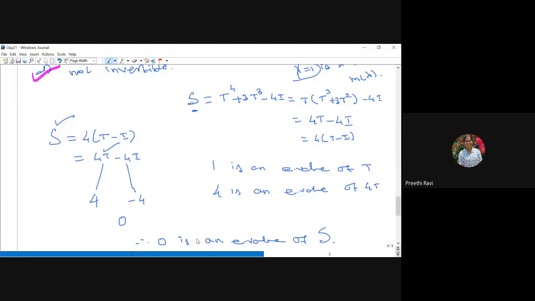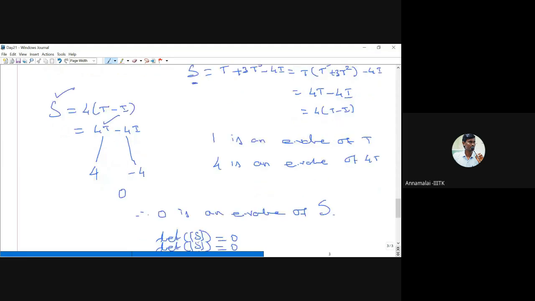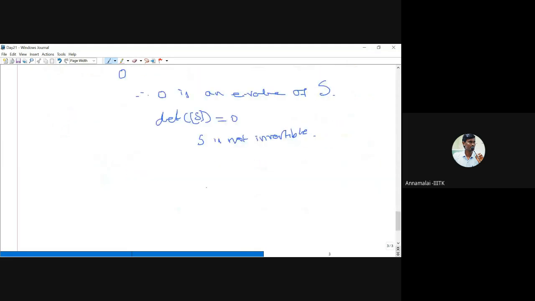Sir, how did we get 0, sir? Yeah, because I already said that. If there are two matrices, A is one matrix with eigenvalues lambda and mu, and B is another matrix with eigenvalues, suppose, T and S. Then the eigenvalues of A plus B should be lambda plus T and mu plus S, but only when the condition AB equal to BA is satisfied.